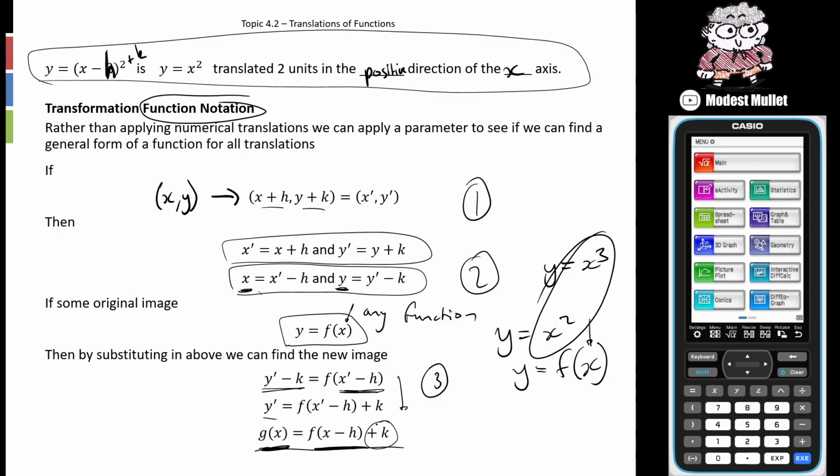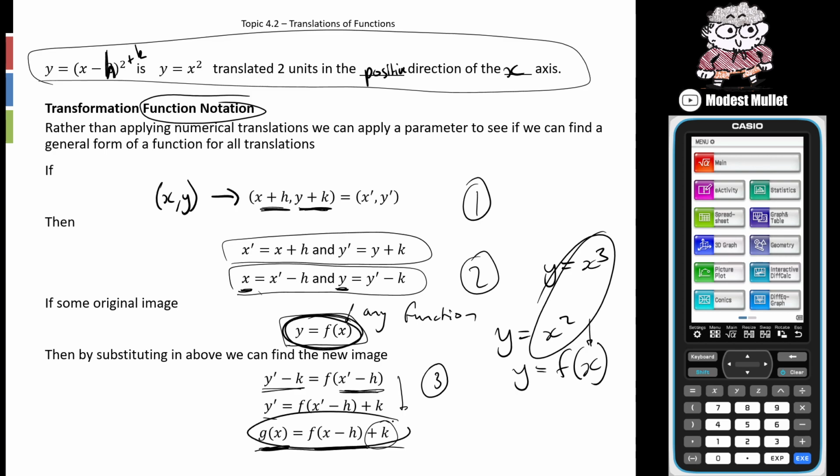And that's going to hold true for any function, for any translation. In this whole slide, we've just used parameters. There's no explicit set number. We're going across some h, we're going down or up some k, and the trick is we've applied it to any function.